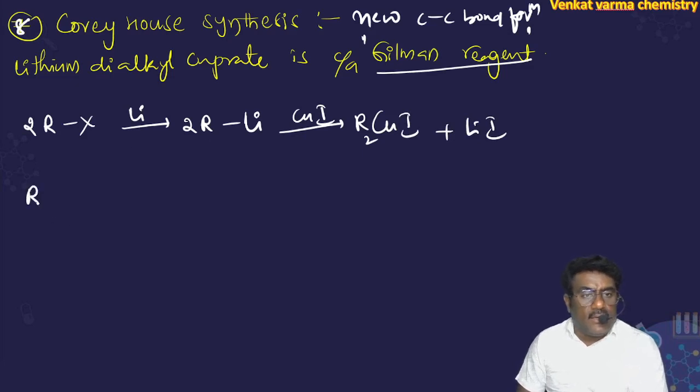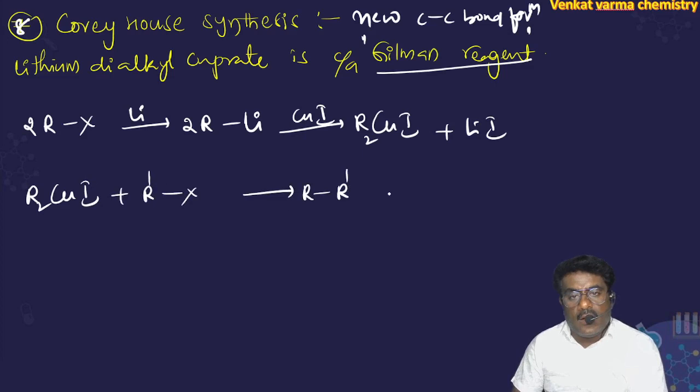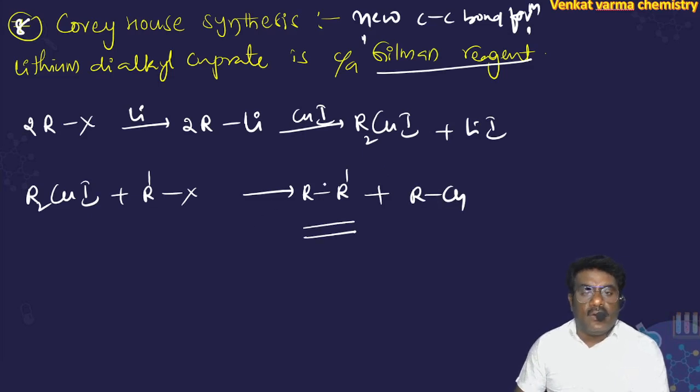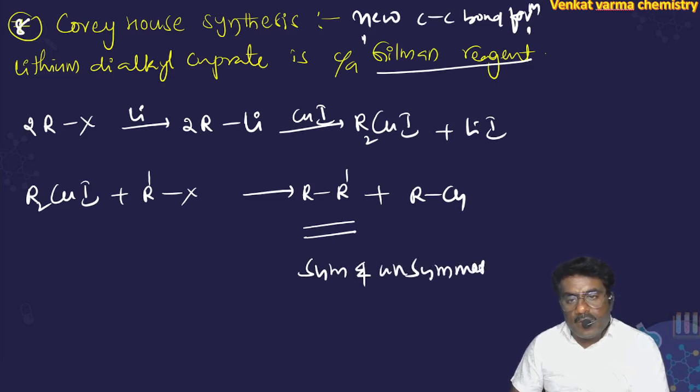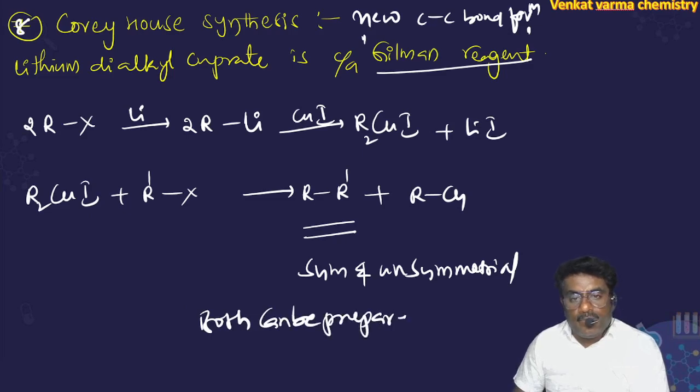Then the dialkyl cuprate with another alkyl halide gives R-R'. So in the Corey-House synthesis, both symmetrical and unsymmetrical alkanes can be prepared by this method. The reagent is the Gilman reagent.